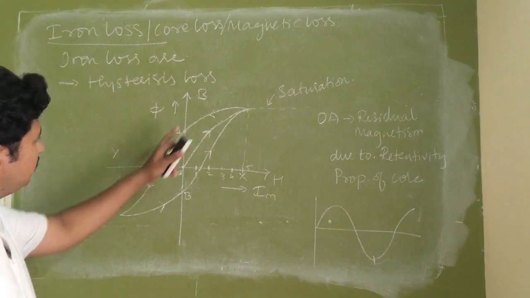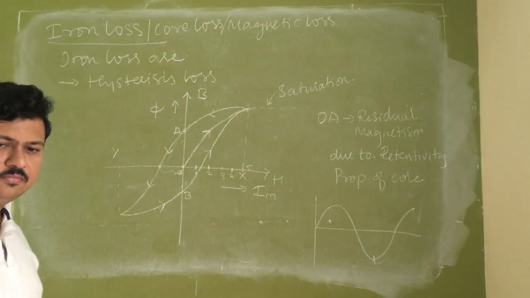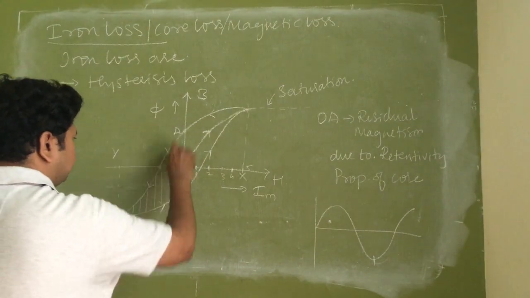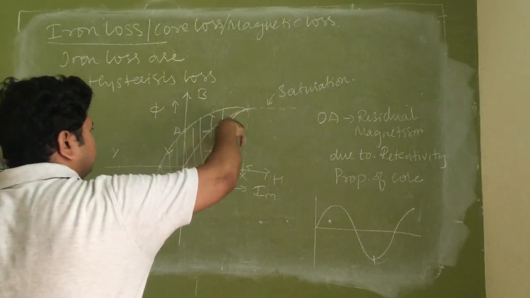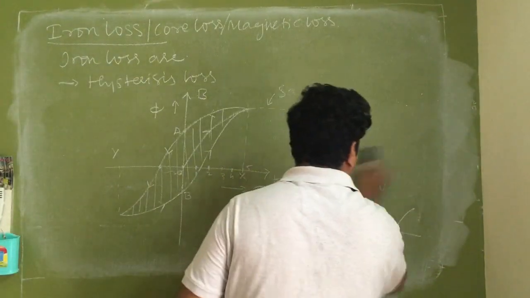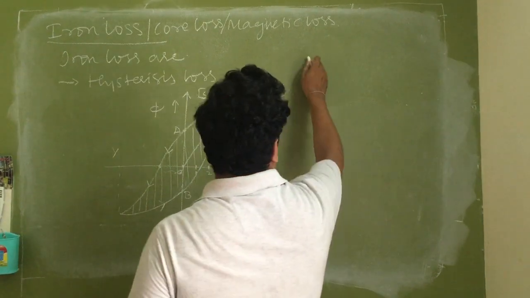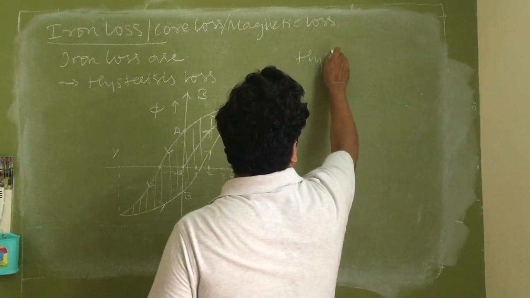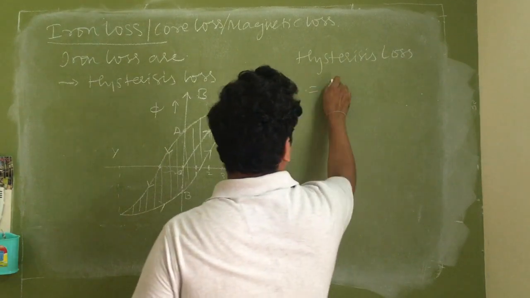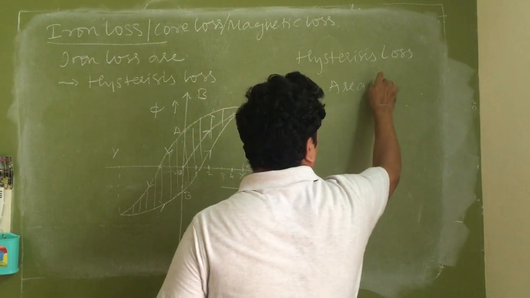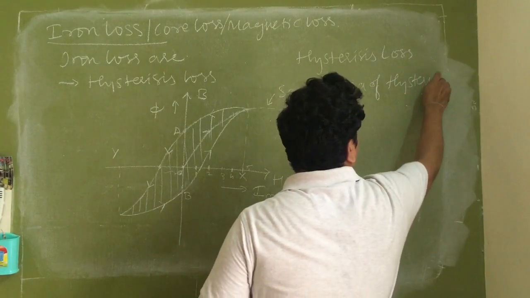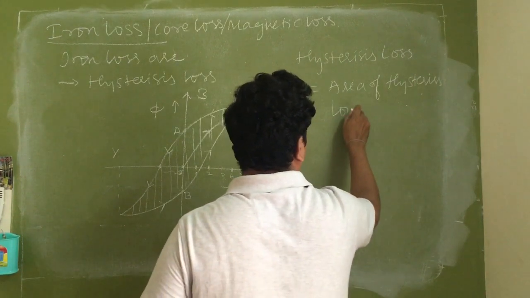Now, this is one hysteresis loop, and the area of this loop is nothing but my hysteresis loss. Hysteresis loss is equal to the area of the hysteresis loop.